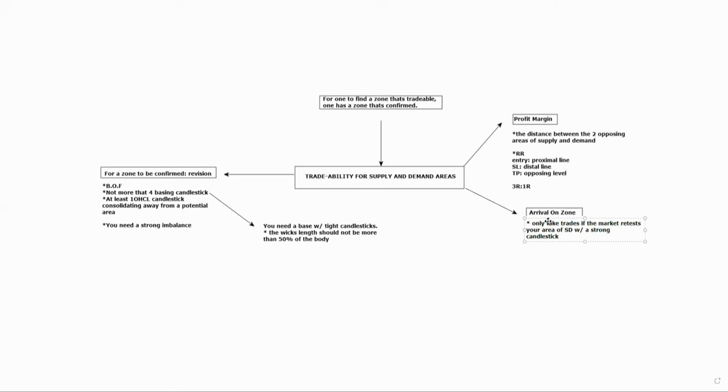If you get a weak arrival upon the retest to your area of supply and demand, it means that the market will potentially break your area.